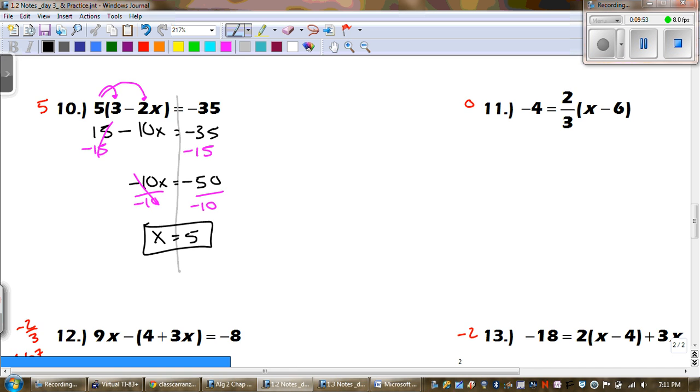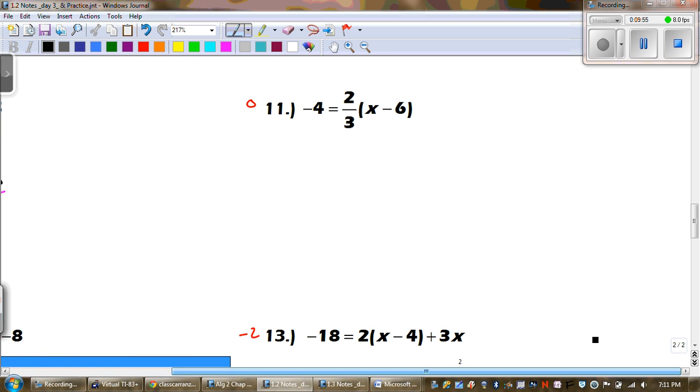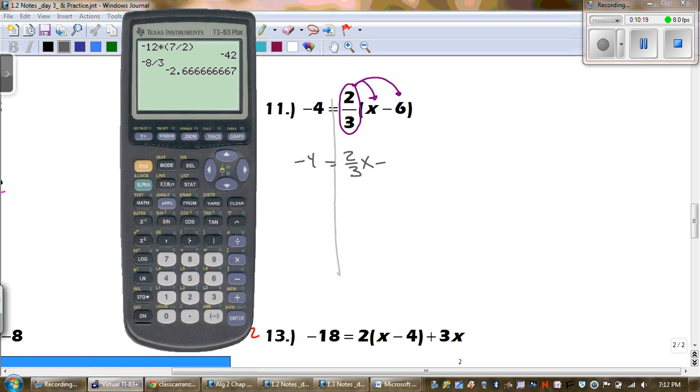Okay, just because we have fractions doesn't mean we get to be, I'm skipping it. Okay. Take what's outside and distribute. Okay. We get -4 equals 2/3 x minus, and now we can either just plug this straight into our calculator, 2/3 times 6, or off to the side do the work.